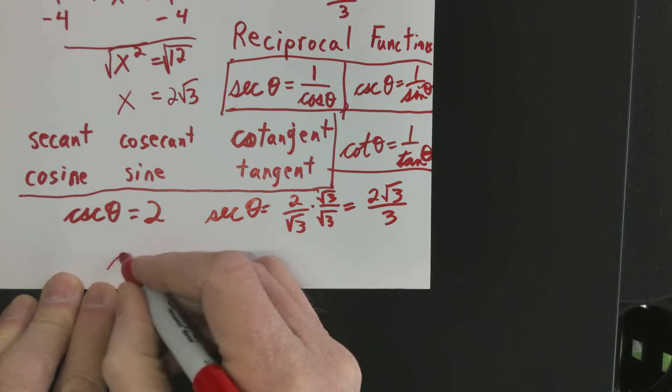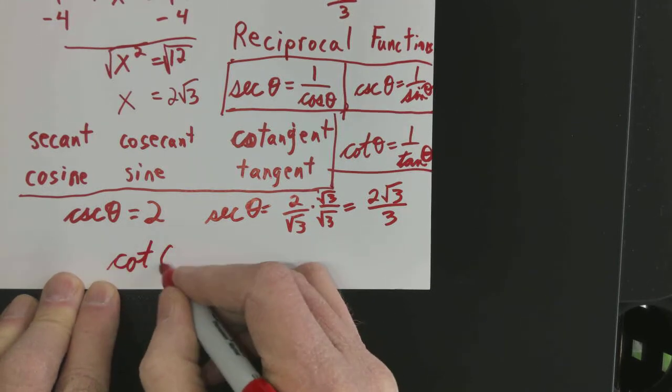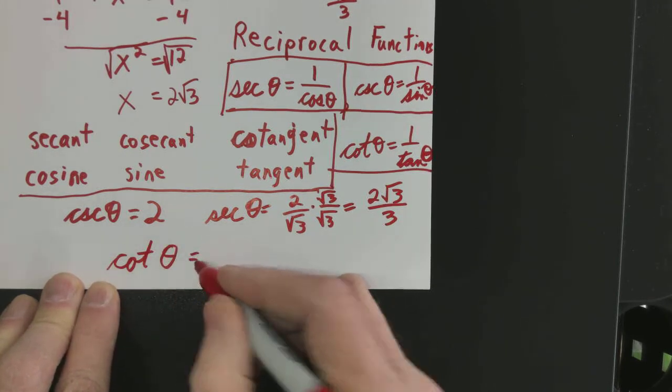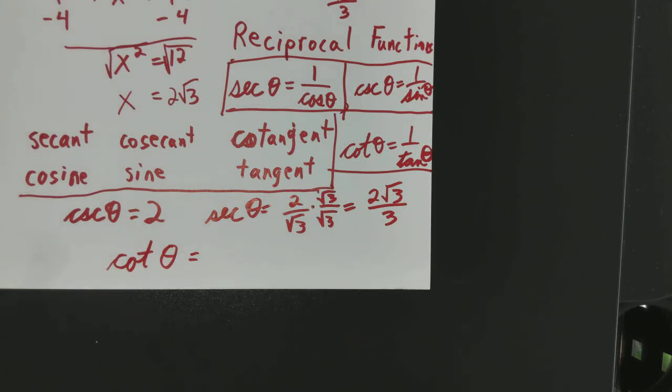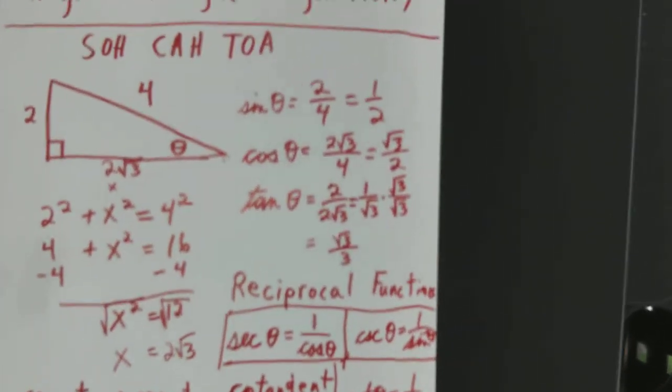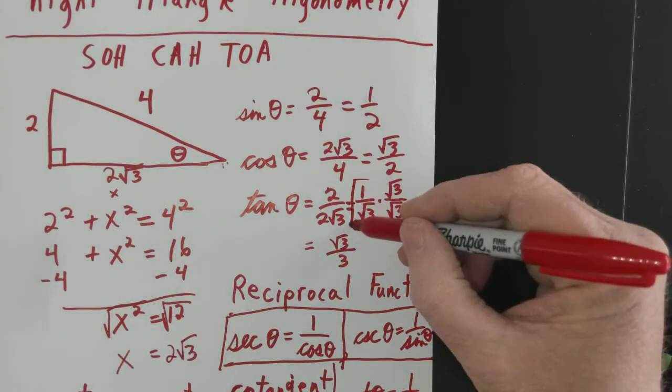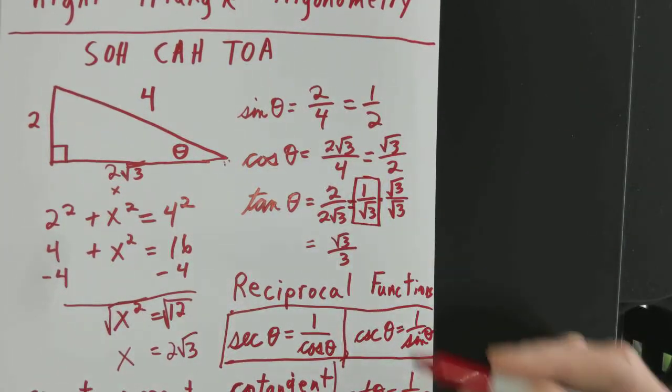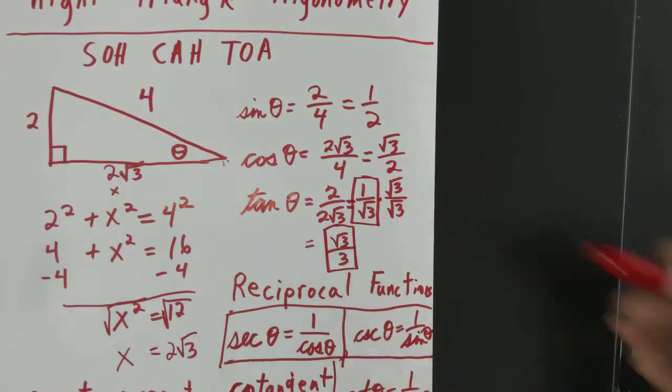And then let's do one more. Let's do the cotangent of theta. What's the cotangent of theta here? Now, I would encourage you, we have two answers here. We got this one before it was simplified, and we got this one after it was simplified.